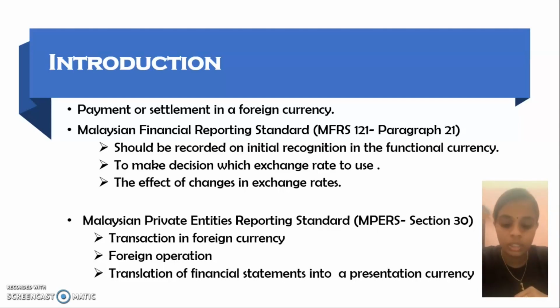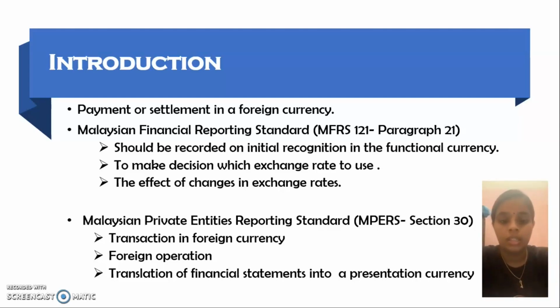So in this section 30, they include foreign currency operation and foreign currency transaction in the financial statement, and how they translate it into a presentation currency. For a presentation currency, they can use any currency that they want, as long as it doesn't give a big impact on the financial statement.